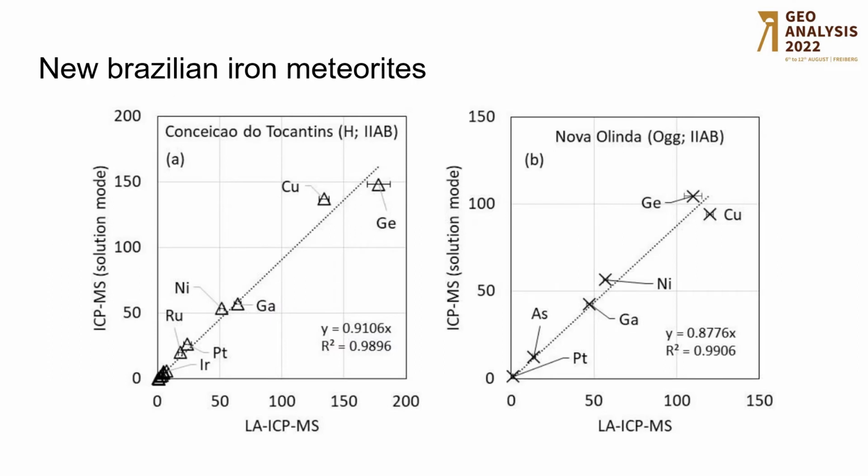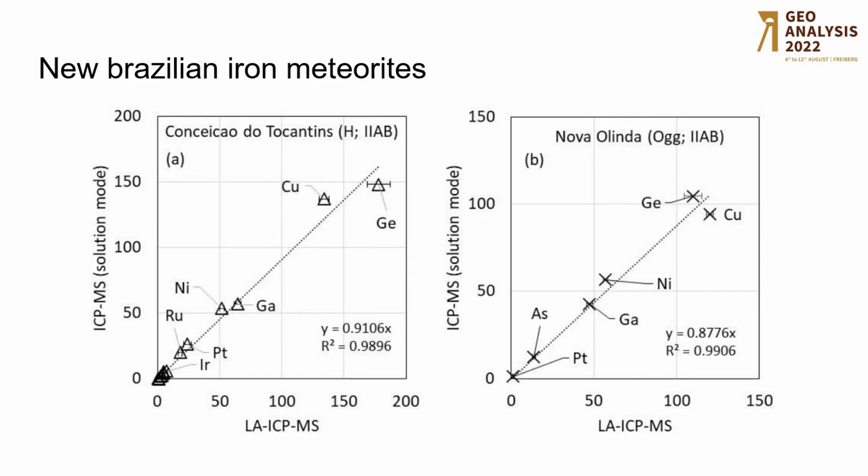The second validation was performed by the comparison between LA-ICP MS obtained data and ICP MS results obtained in solution mode after chromatographic separation of iron for 3 new Brazilian iron meteorites.